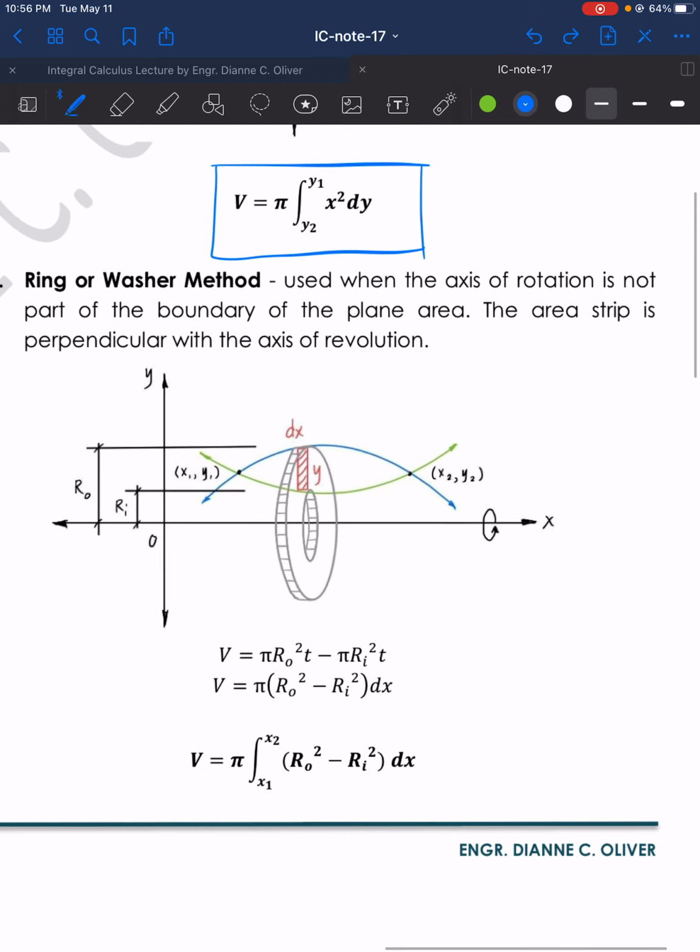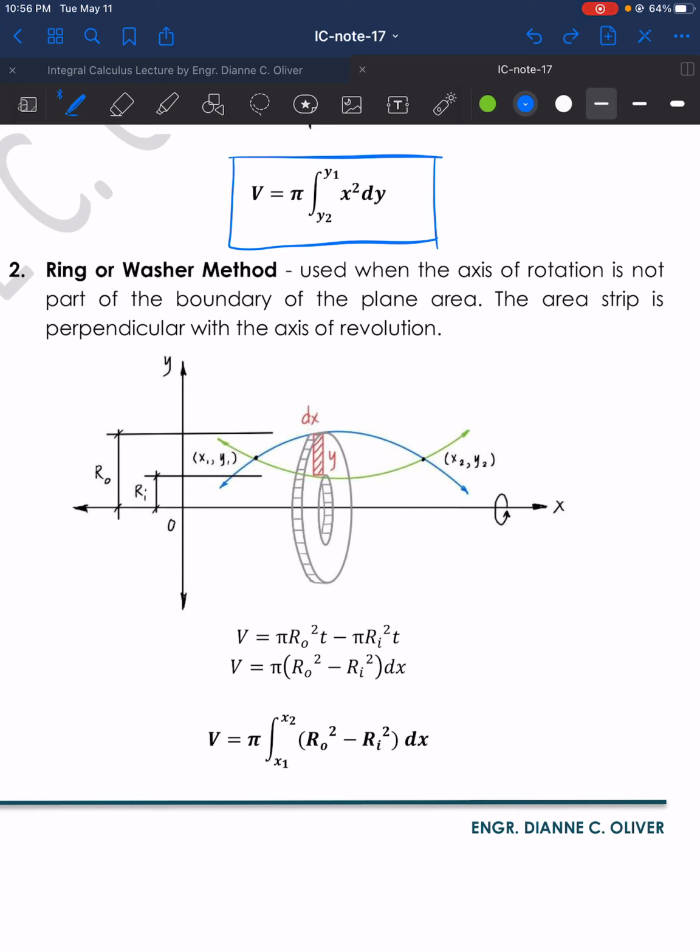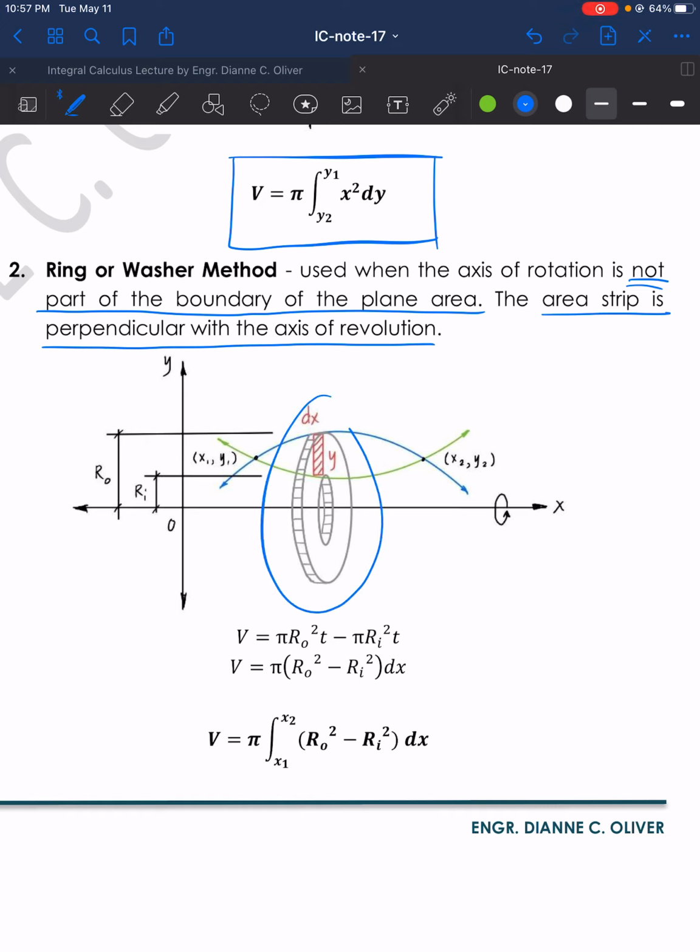Let's go to the second method, the ring or washer method. The ring or washer method is used when the axis of rotation is not part of the boundary of the plane area. If the axis of rotation is not part of the boundary of the plane area, and the area strip is perpendicular with the axis of revolution, then we will have a ring figure.